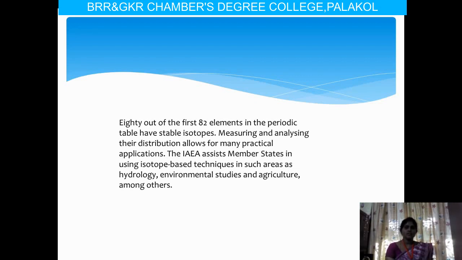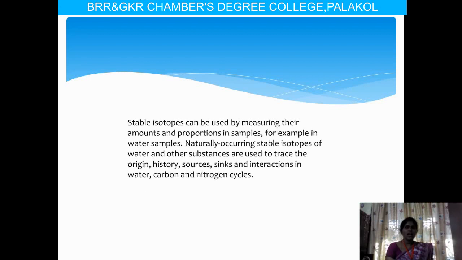So these are the most important techniques, used as isotope-based techniques in areas such as hydrology and environmental studies, and we can also use them in agriculture. These isotopes are used for measuring the amounts and proportions in samples. For example, if we take water, how much amount of substances are present will be observed by using these stable isotopes.